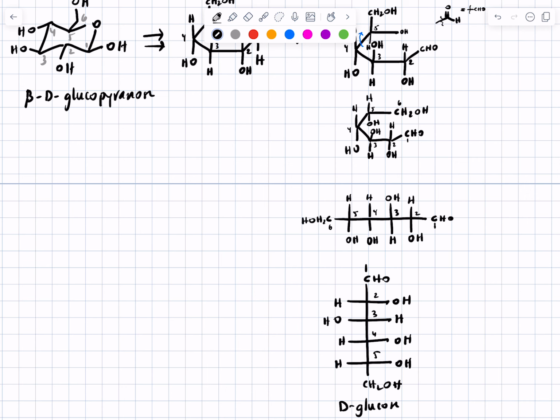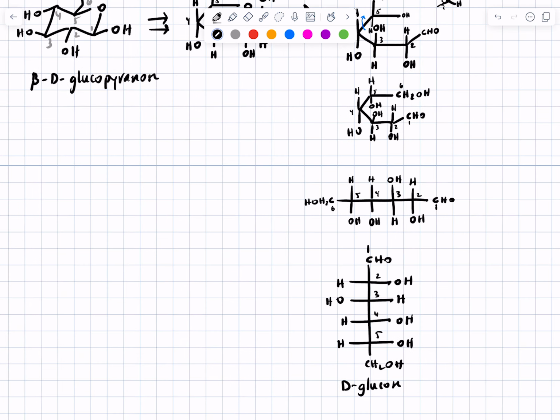If you want to know more about what this means from a stereochemical point of view, we'll just zoom in on one carbon: C1, CHO, OH, H, and then we'll call this R. What this actually means, it's a really weird way of looking at a stereocenter. It's sort of looking at it on the edge.